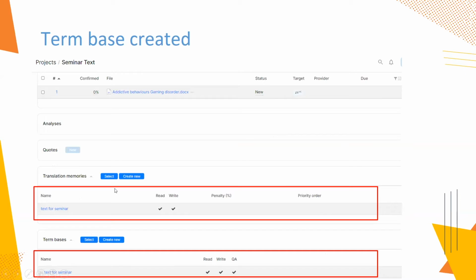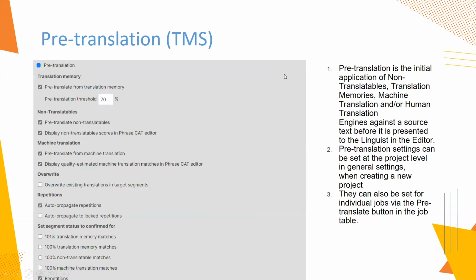You can do the same to create a new term base. And then we can select the new translation memory we just created, and the name of the term base we just created. This part is the setting about the pre-translation.